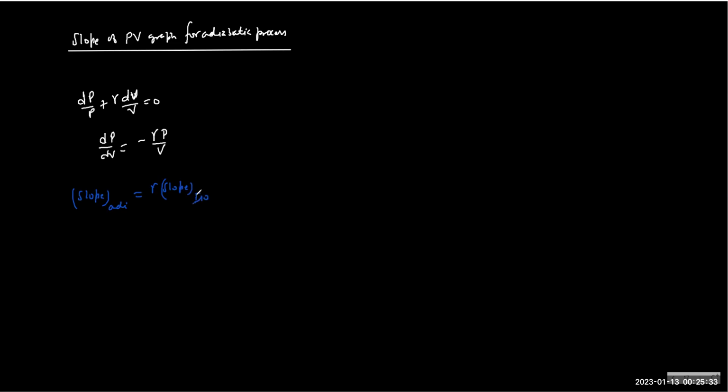Tell me yes or no. Yes, sir. Okay, so this is the very famous relation that if you want to compare isothermal and adiabatic in the same graph, then the adiabatic must have greater slope, more steeper. This parallel comparison is very typical and you will come across it.